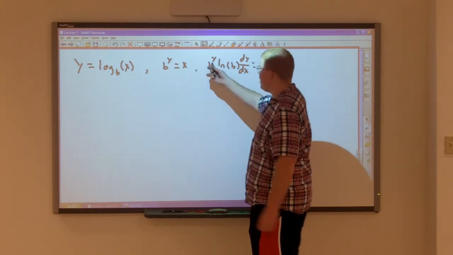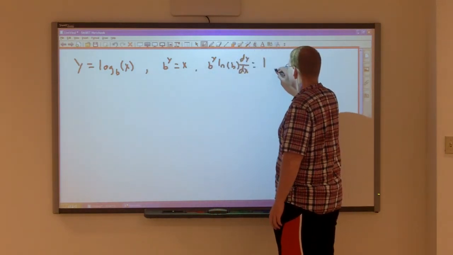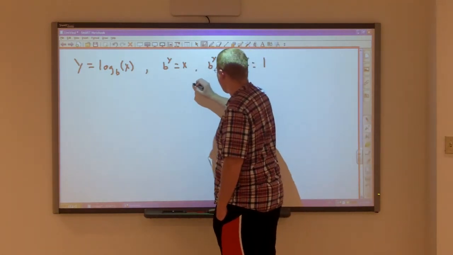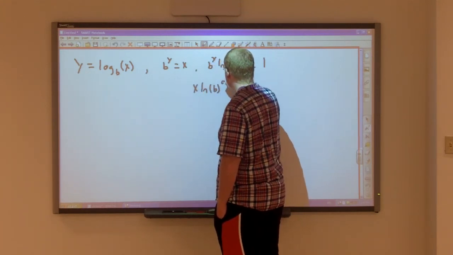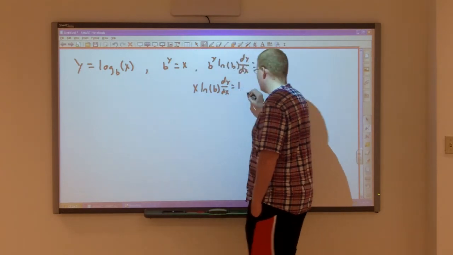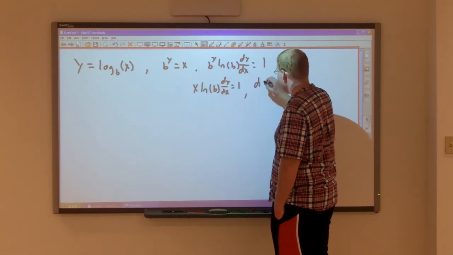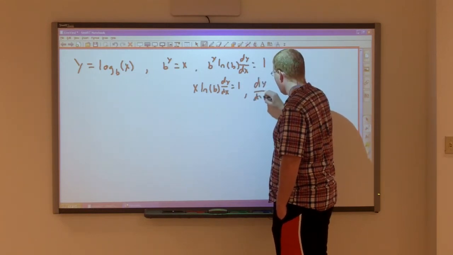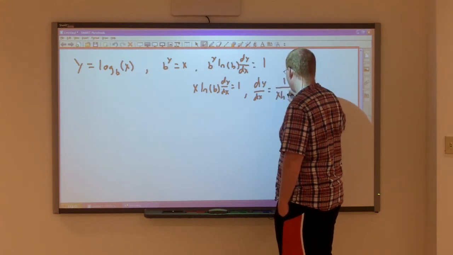Now, b to the y is equal to x, so we can substitute x in there, and we get x natural log of b times dy dx is equal to 1. Dividing x natural log of b to the other side, we get that the derivative is equal to 1 over x natural log of b.